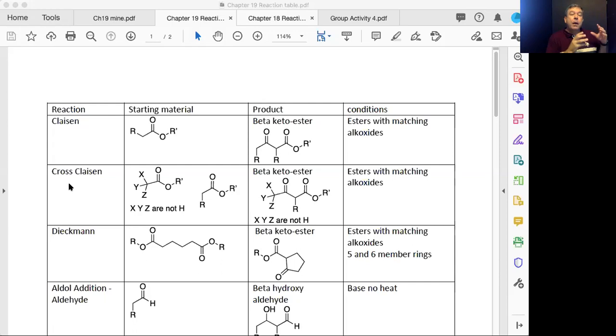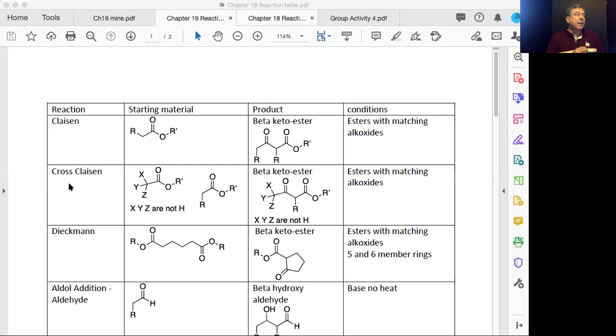So we know that the compound without the alpha hydrogens is the one that's going to be the ketone, okay? The one with the alpha hydrogens is the one that's going to be the ester, okay? So it's very clear which part reacts, okay? Both reactants of the Claisen reaction are esters. Yes, yeah, that is true.